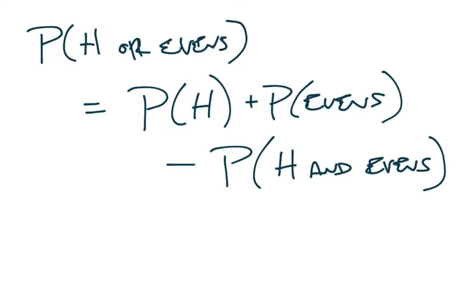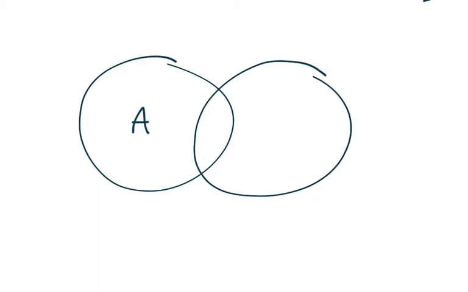Okay, I can draw a picture for this. Let me use a Venn diagram. This is a very common way of visualizing probabilities. So there's event A, and here's event B. And let's say they have some non-trivial overlap. They overlap a little bit right there.